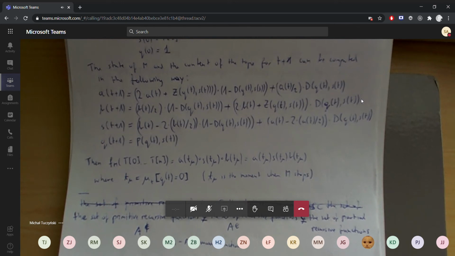So if we, for example, have a composition, then we can just write this function as a composition, not using this formal H, G1, G2, and so on, or G and H in the case of primitive recursion. Yeah, so we just write it as a composition.